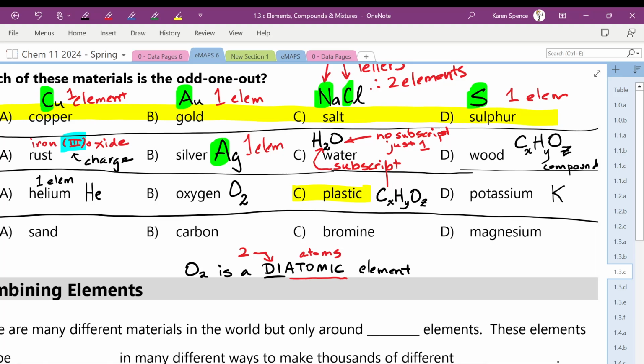Sand. What kind of a thing is sand? Do you think it's an element or is it a compound? Compound. It's a compound, and it's actually made of silicon and oxygen, SiO2.